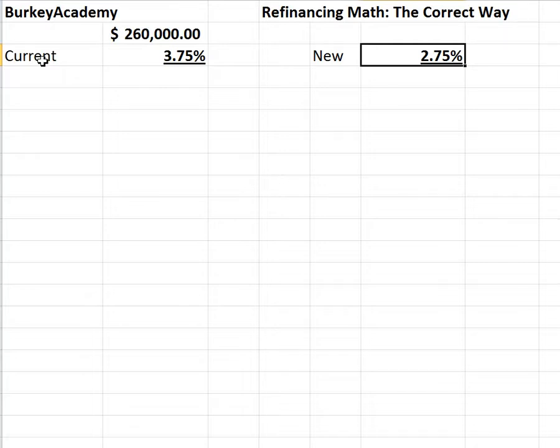Now, on the cost side, generally you're going to have to pay some costs that usually involve some percentage of the loan amount. It might be 1% of the loan amount, which would be $2,600. You also might have to pay some lawyer's fees, title fees, get a new appraisal, etc. Make sure you carefully know what all those fees are.